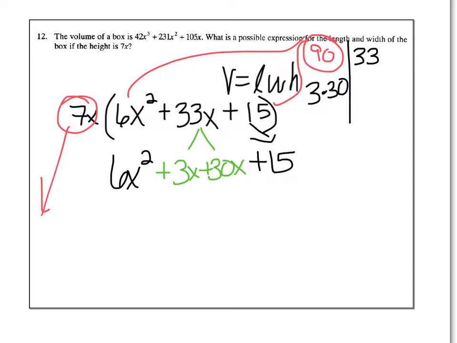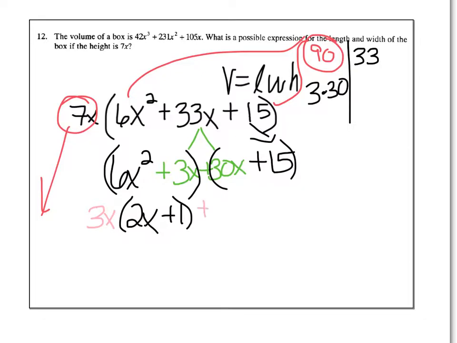So now we need to group the first two and the last two. In the first parenthesis, 6 and a 3 can both be divided by 3. And they each have an x, so we're going to take that out. 6x squared divided by 3x is 2x. 3x divided by 3x is 1.